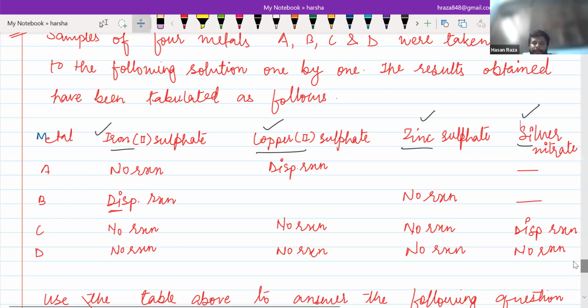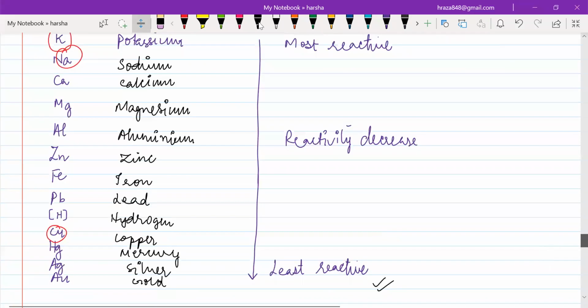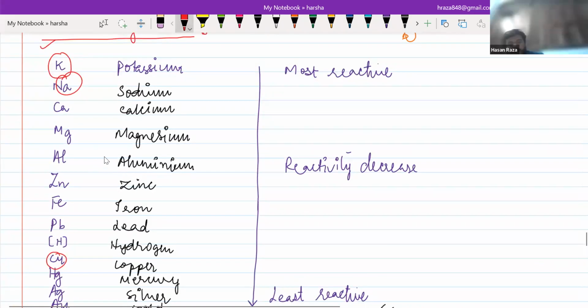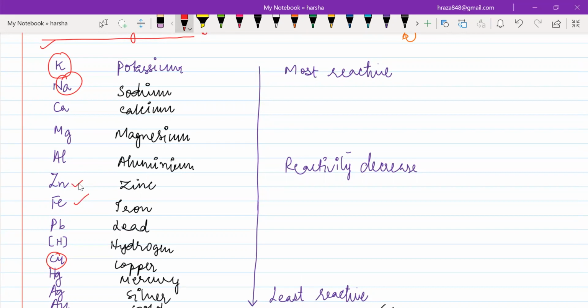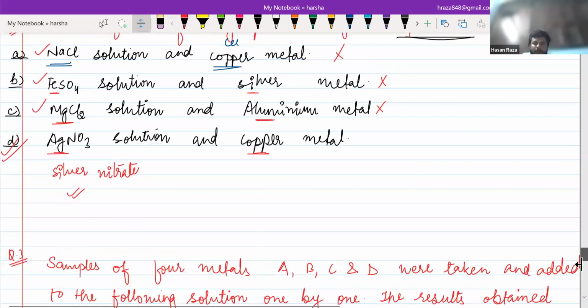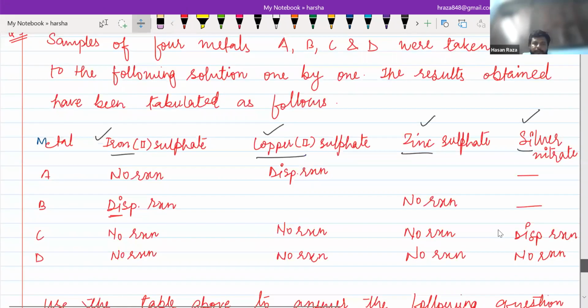I'm not talking about A, B, C, D. I'm talking about iron, the salt which is given, iron sulfate and all that. So iron is here, and then there was zinc. Copper is here, and then the last is silver. Yes or no? Yes, sir.